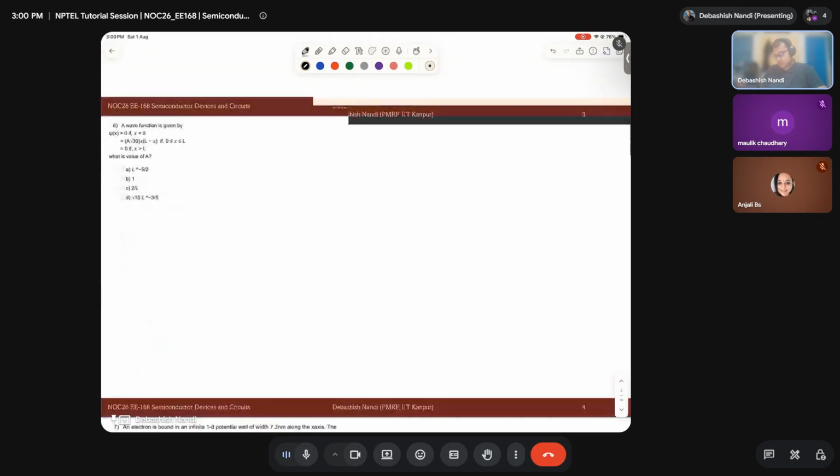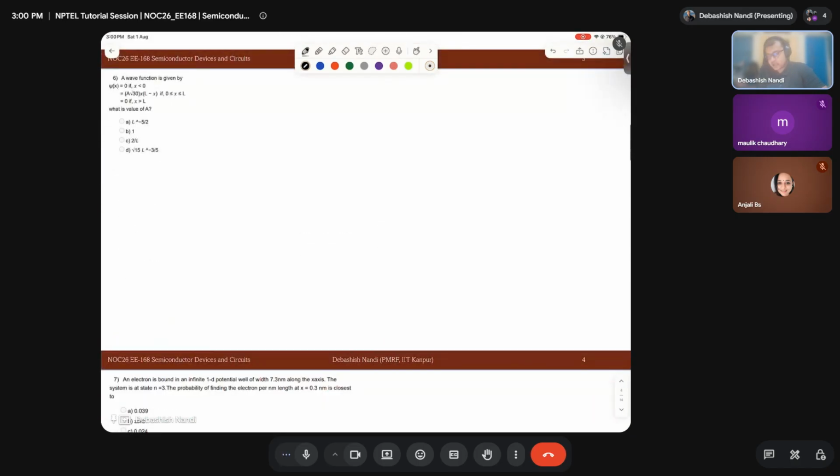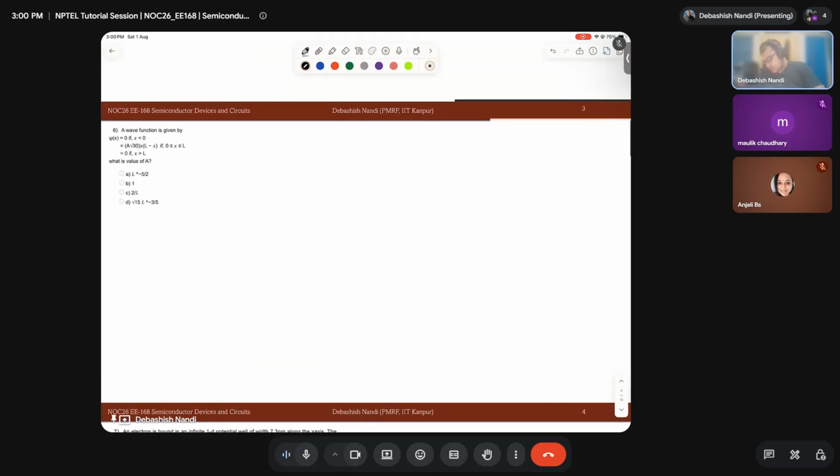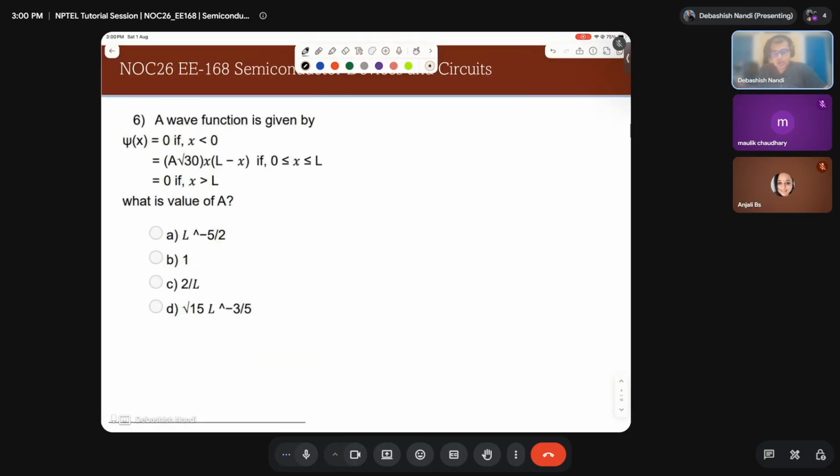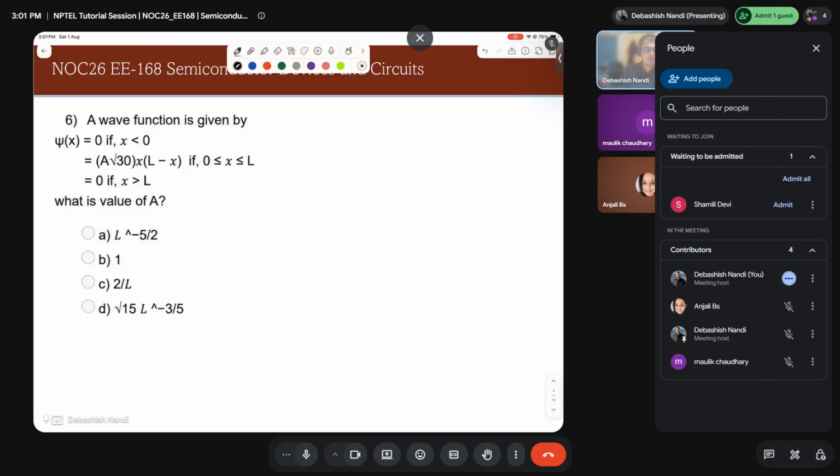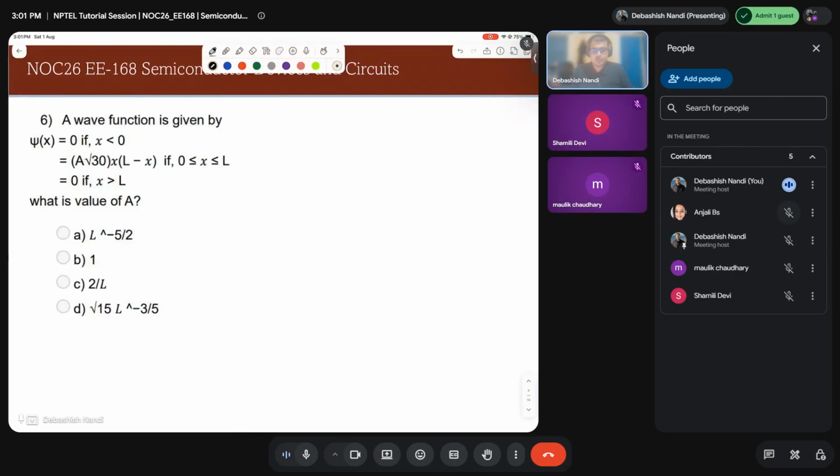So this is week 2. So let's begin. The question says that a wave function is given by this, and some conditions are given. Then they are asking us to find the value of this A, the amplitude of the wave function.